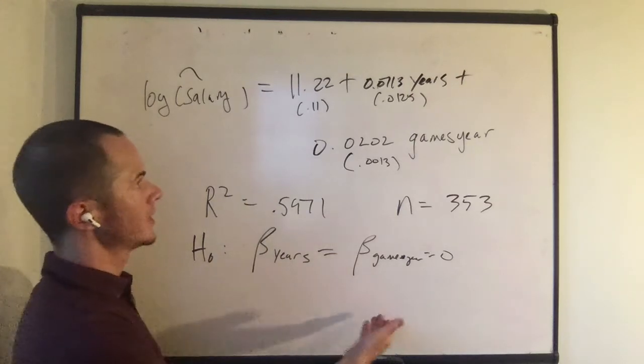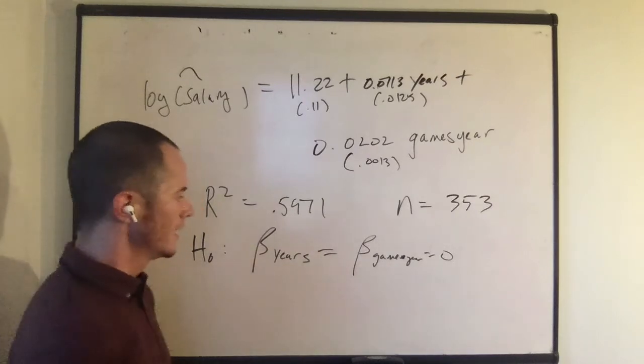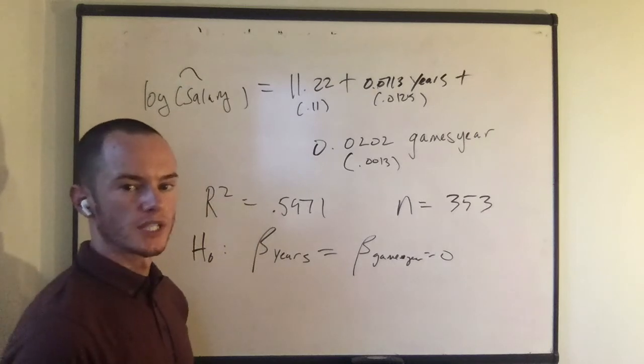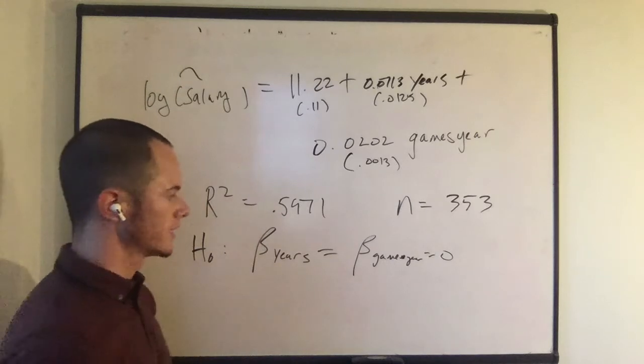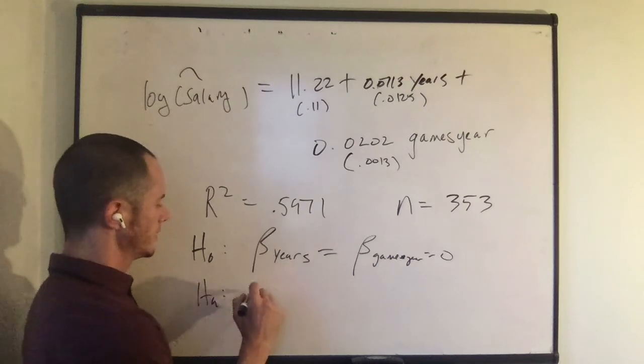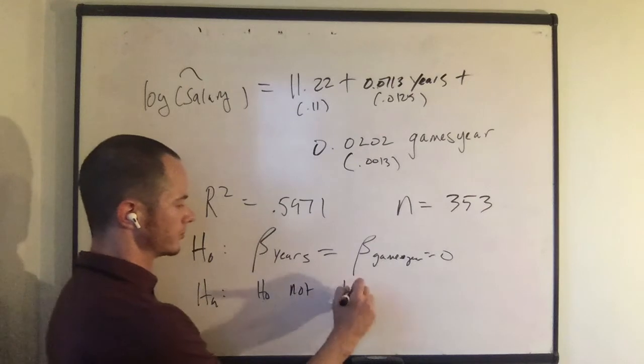That's what's going on here, right? Because there are only two explanatory variables, and we have a null hypothesis that says none of the included variables are useful for predicting salary. That's what we're going to test against the alternative that the null hypothesis is not true.